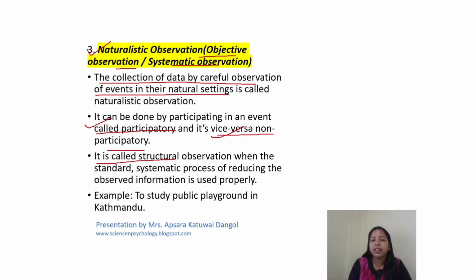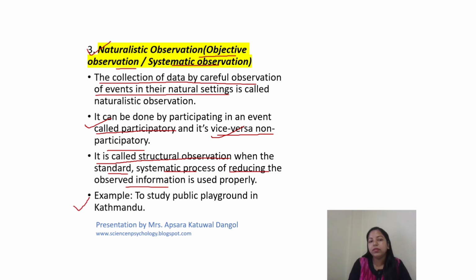We can also call it structured observation if the process is standard and systematic, and the researcher reduces the observed information.